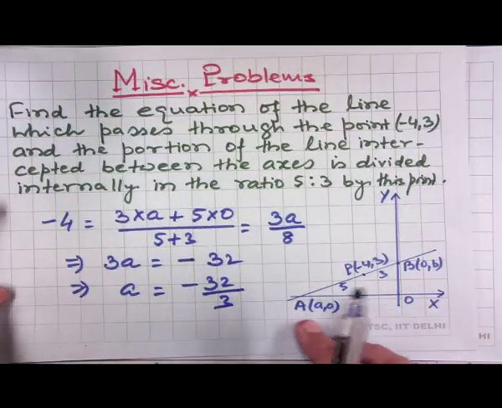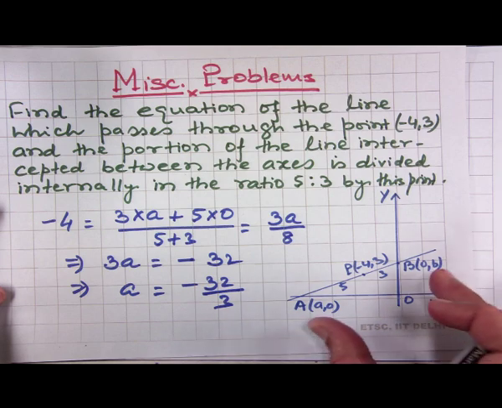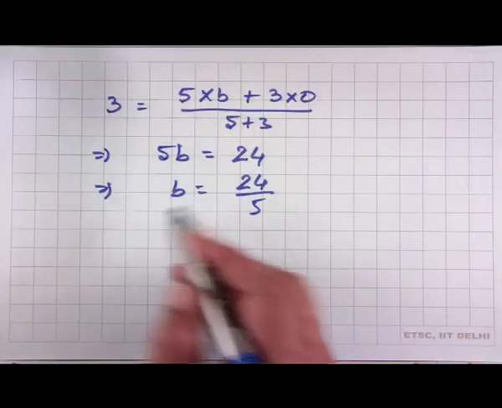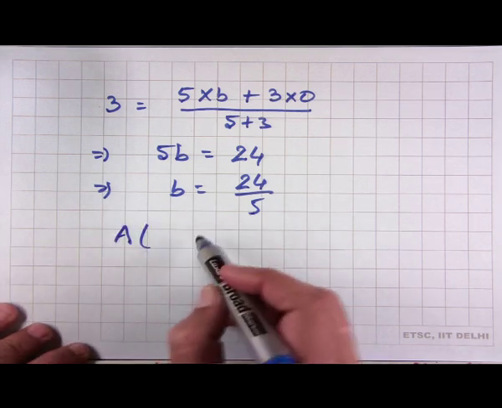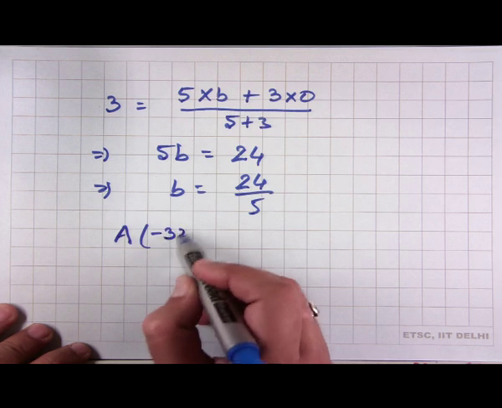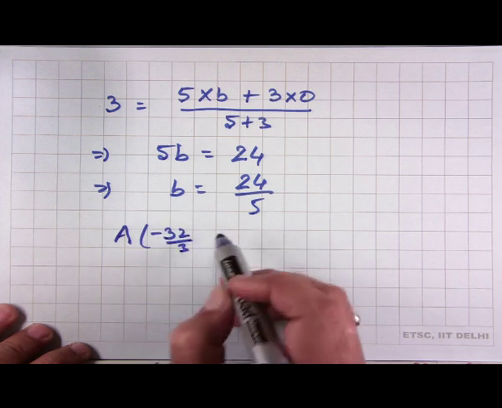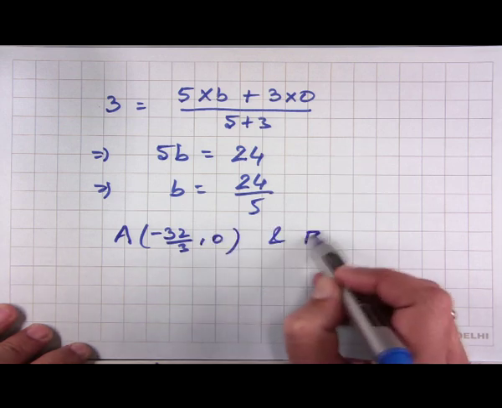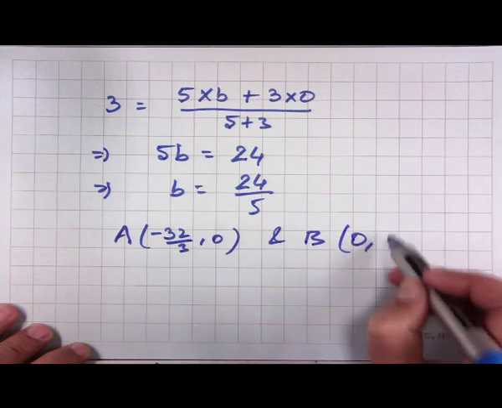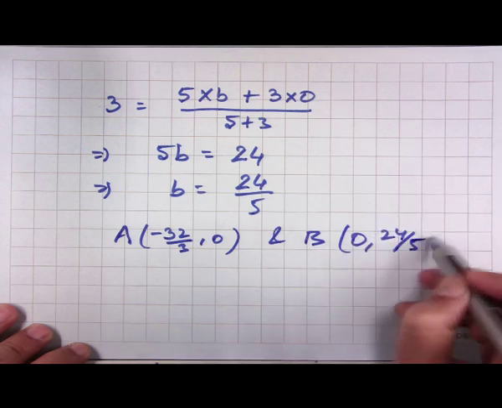We get the coordinates of these two points A and B. So the coordinate of A is (-32 by 3, 0) and B is (0, 24 by 5).